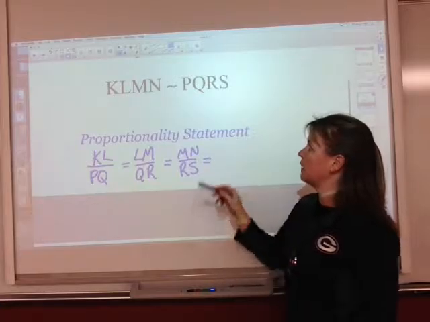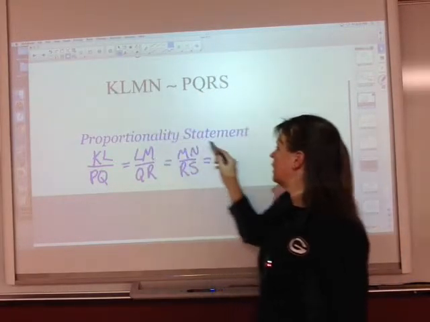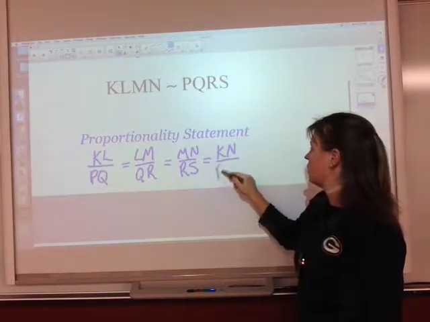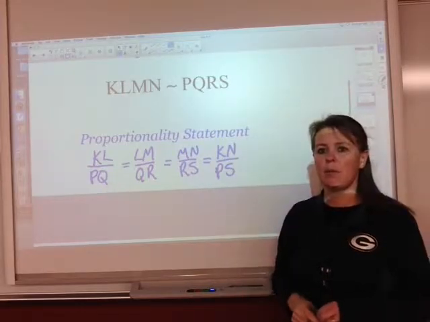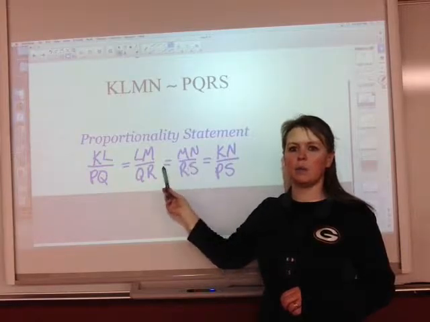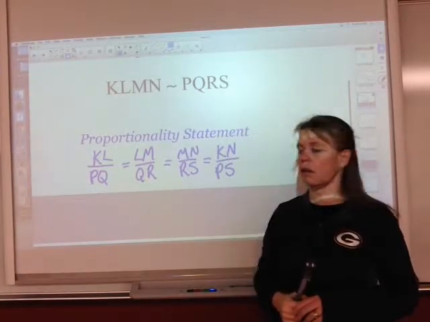And then the fourth side, if you consider that a quadrilateral connects all the way around, you will have side KN will be in an equal ratio to side PS. In a proportionality statement, all ratios are equal to each other. All ratios of the sides are equal to each other.